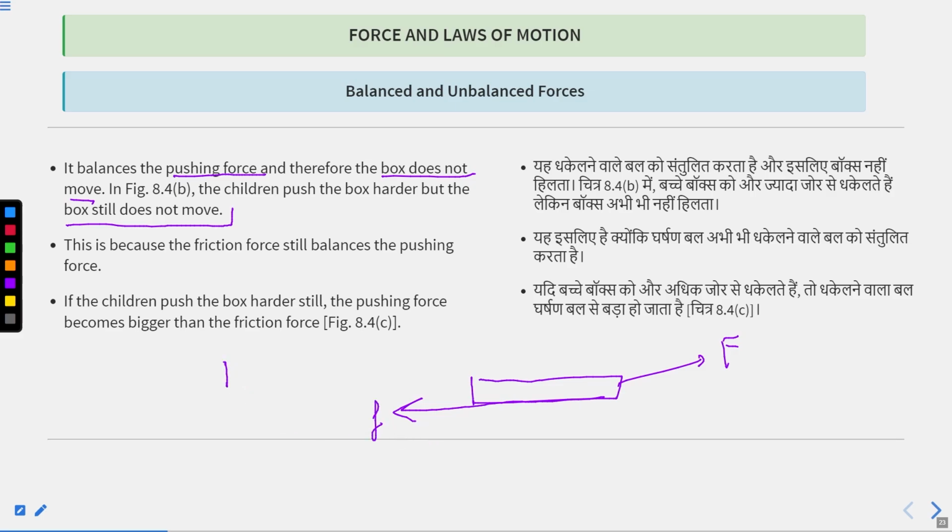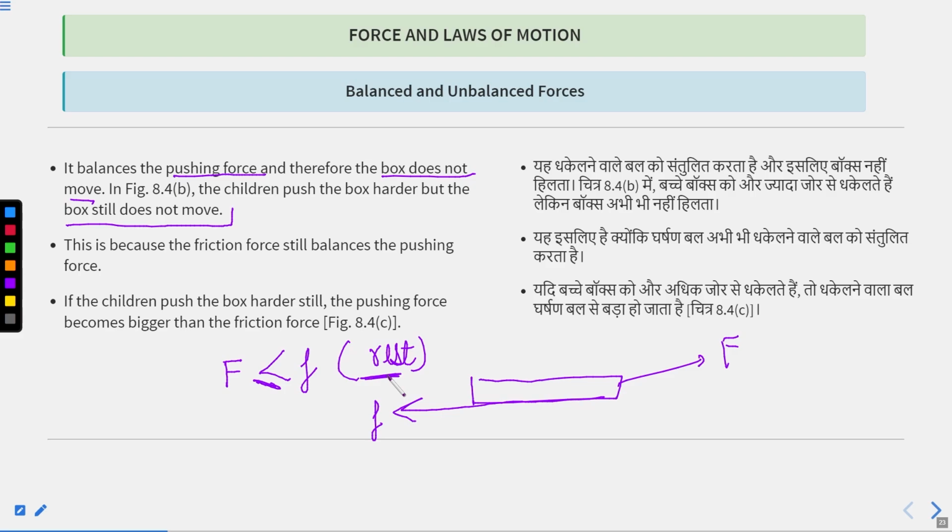If the applied force is less than or equal to the friction force, the state of the object will be rest. Okay, I am applying force on this pen, but this object is not moving, because the friction force is greater than my applied force.